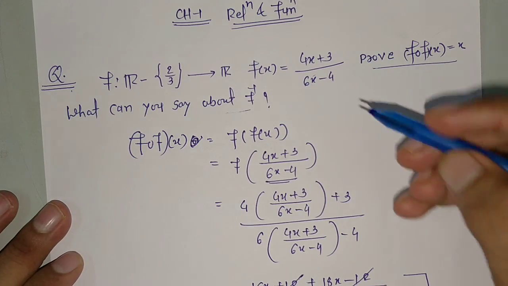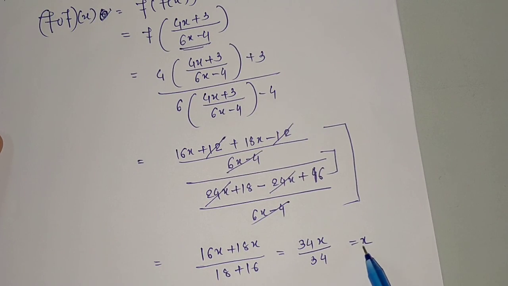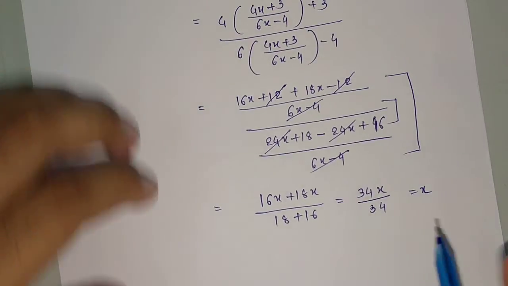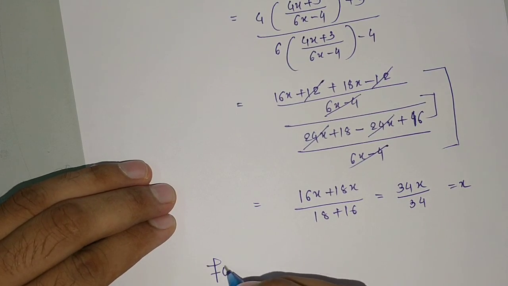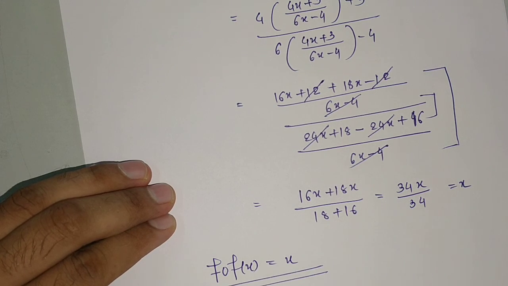So we put the input as x and we obtain x as the output. So f of f(x) equals x. That's the proof.